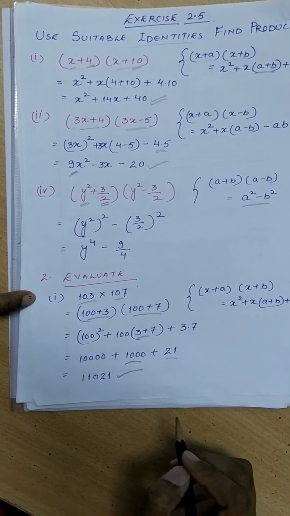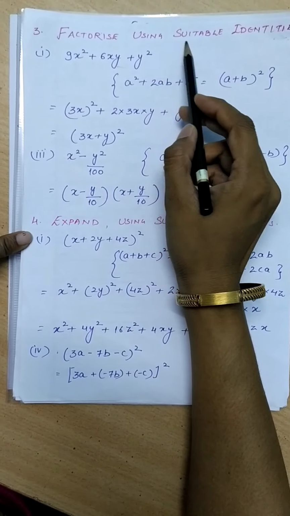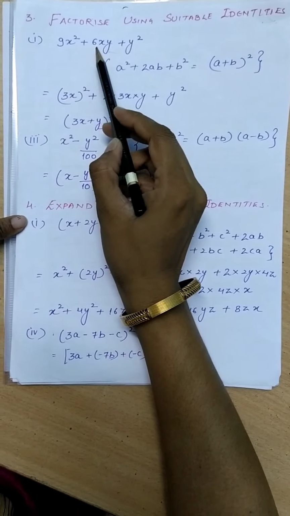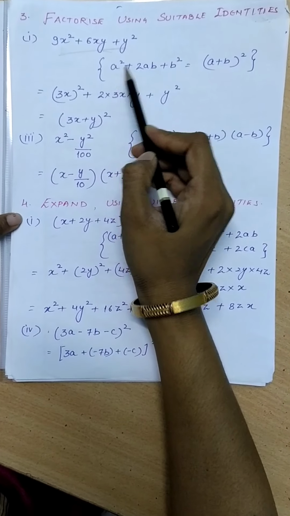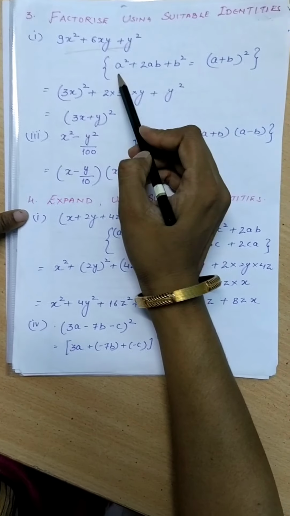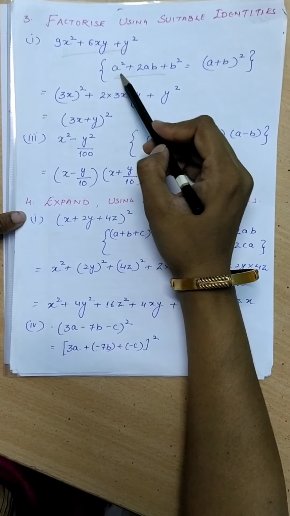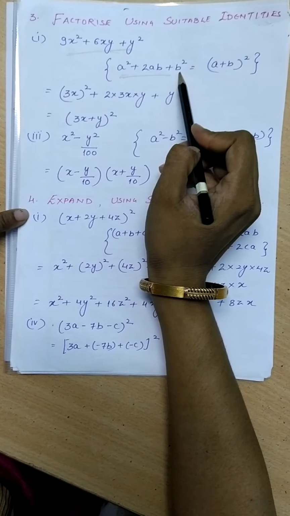I hope it's clear. Now in third question, we have to factorize. Again we have to use suitable identity here. And what is the question? 9x square plus 6xy plus y square. It is just like a square plus 2ab plus b square. You know this identity. This is (a plus b) whole square. So what is a square here? 9x square. What is 2ab? 6xy. And what is b square?